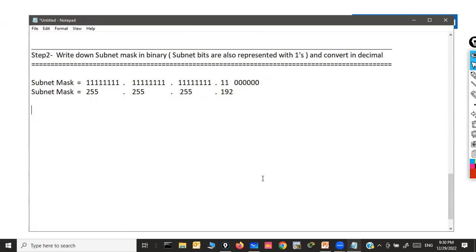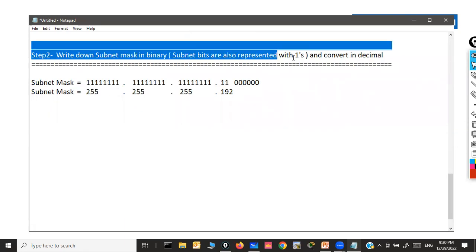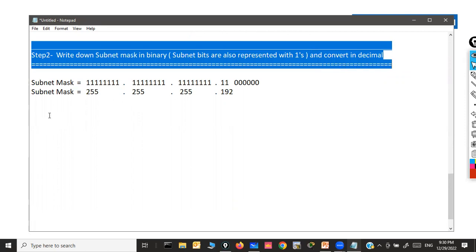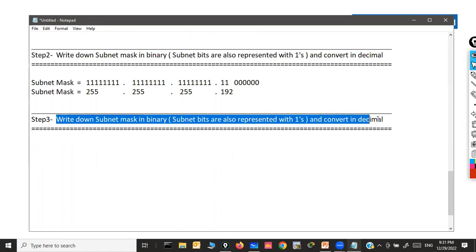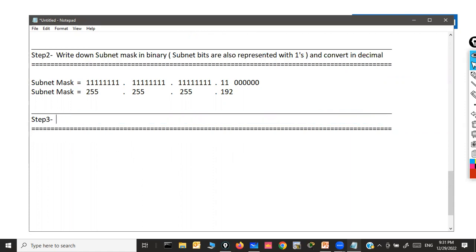Now step number 3. So what is step number 3 now? First I'm going to suggest you a shortcut method, and the shortcut method is to compute or find out a block size. Also in subnetting it is known as the magic number. And what is the magic number? What is block size?